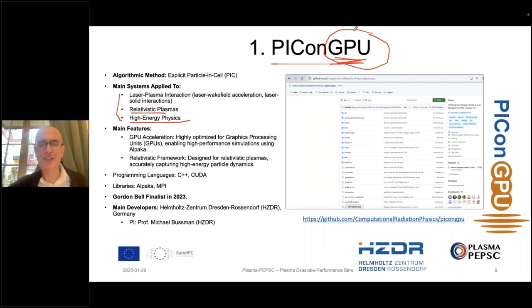Today it is not only GPU. In reality, it supports a very wide range of different architectures, and it does that by using a framework called Alpaka that allows for extremely portable, but also extremely performance portable, porting of PIConGPU to many different architectures. It is a relativistic PIC, designed for relativistic plasma, accurately capturing high energy particle dynamics.